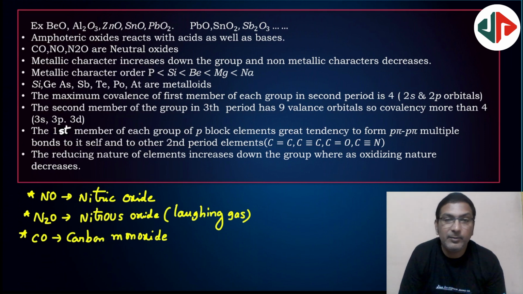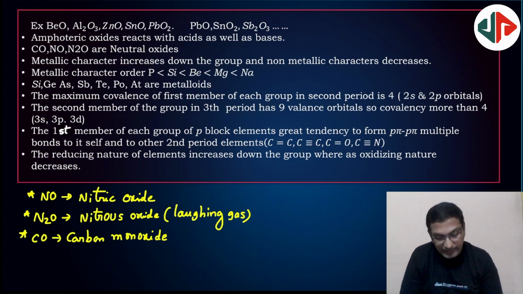First member of each group of p block elements, that means groups 13 to 17, can form multiple bonds, p pi. So like this, C double bond C, C triple bond C, C double bond O, C triple bond and like that.